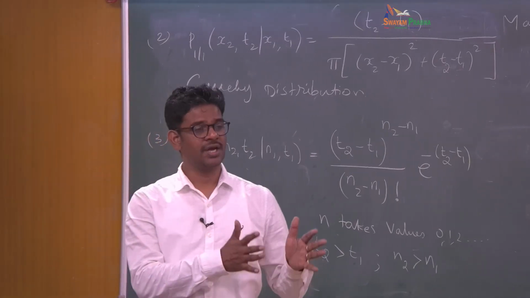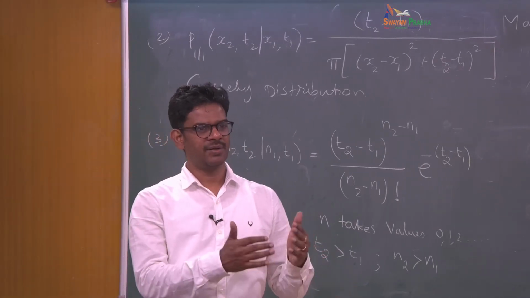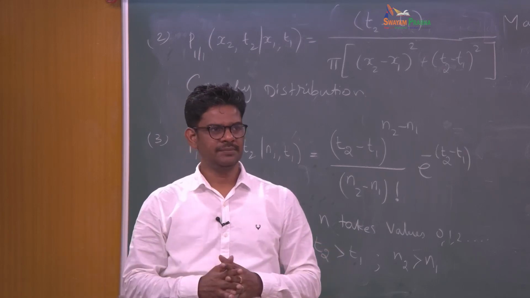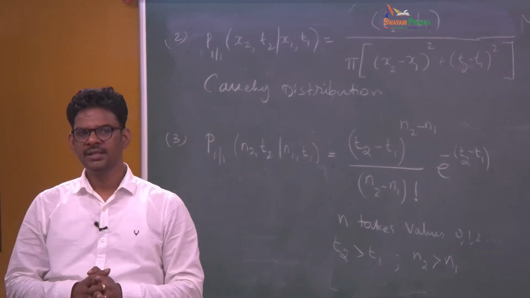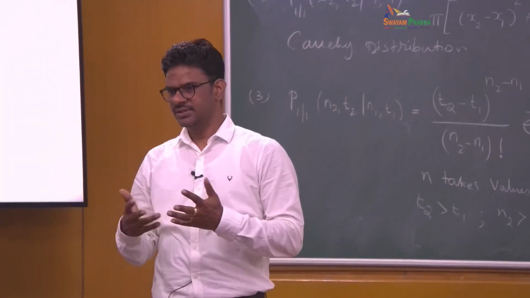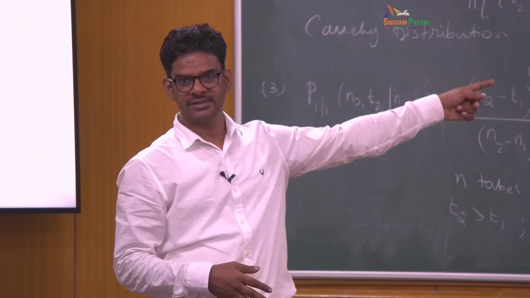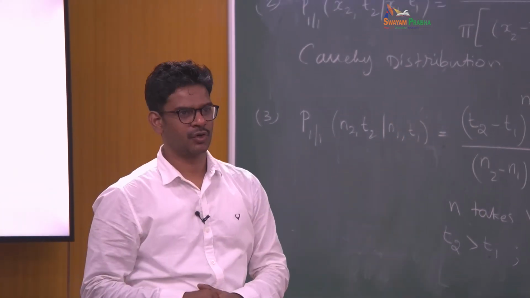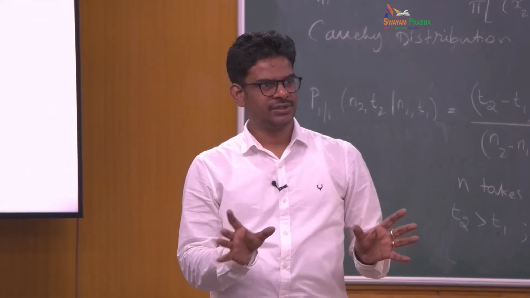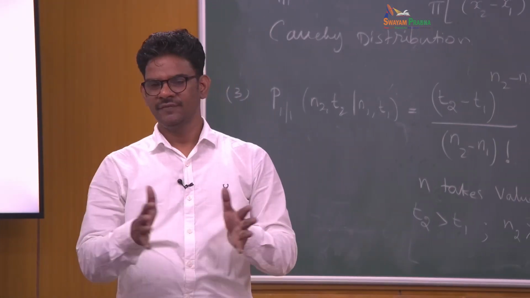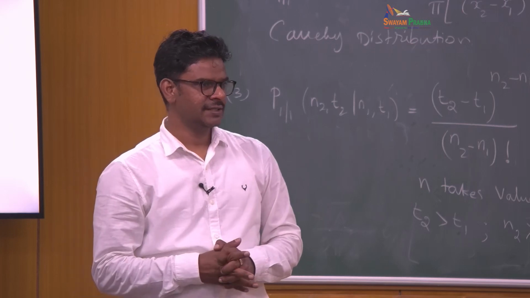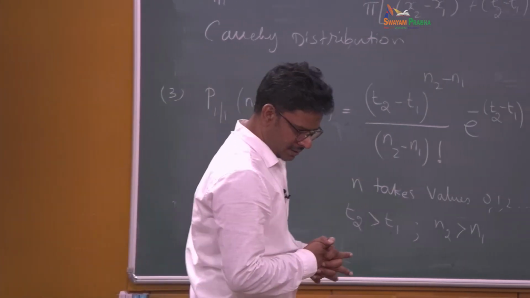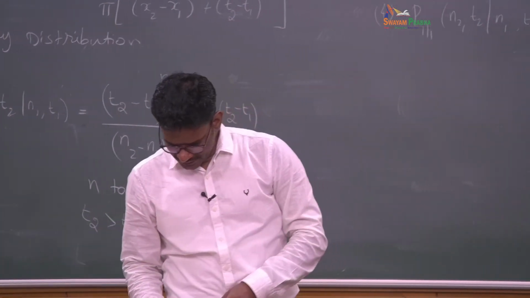One that follows a continuous Markov process, where the random variable is continuous. On the other hand, there could be a random variable that is discrete, like the number of molecules in that case, or the number of steps taken. These are examples of a discrete Markov process. So we'll distinguish between continuous and discrete, deal with each of them separately, and look at more such problems. So that is the plan for this.